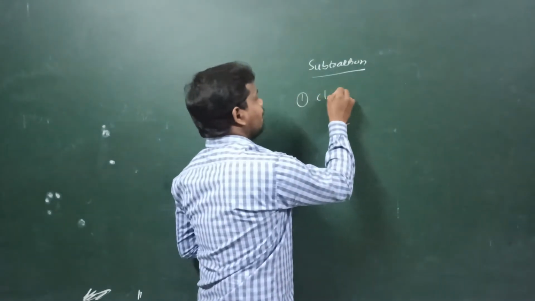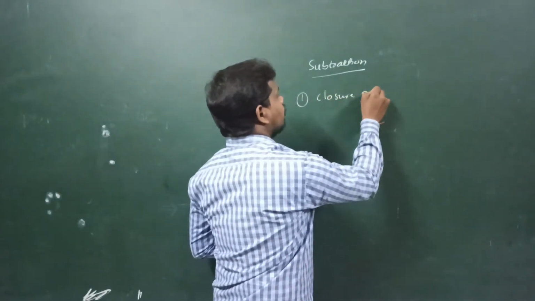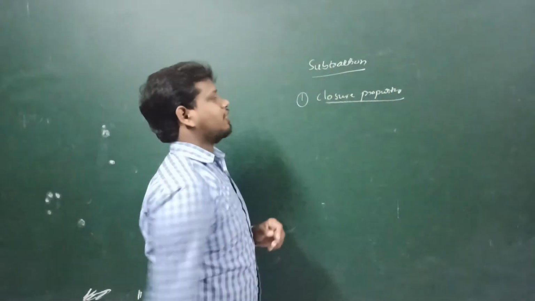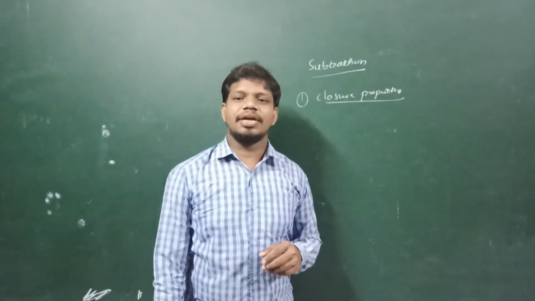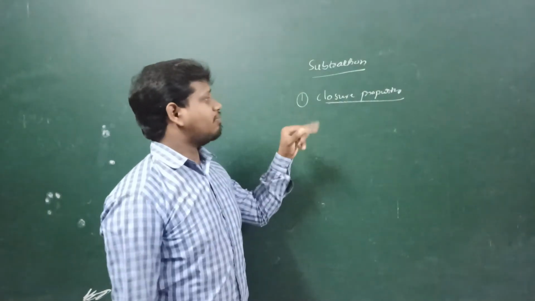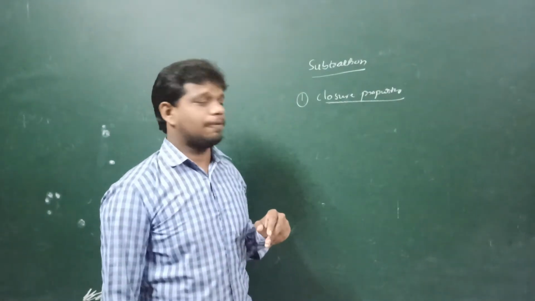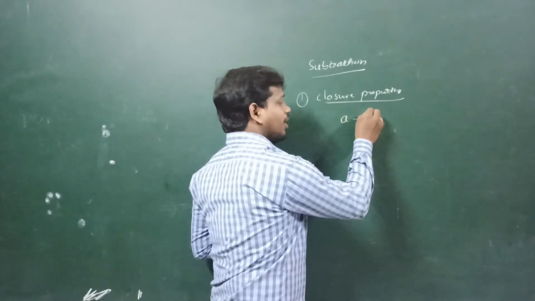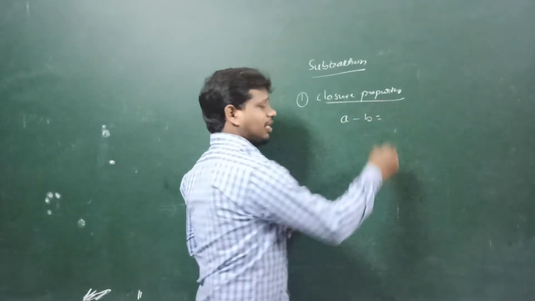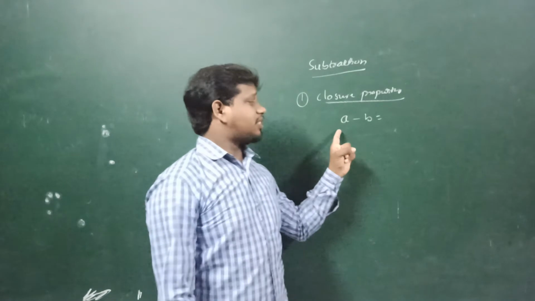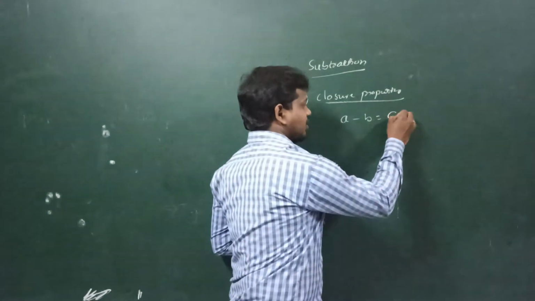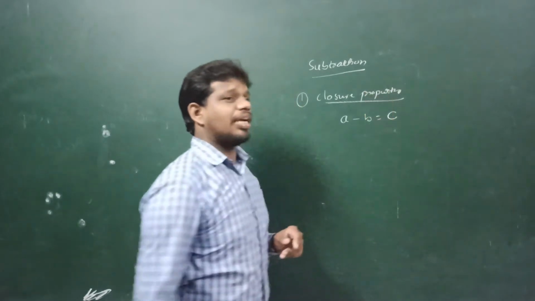closure property under subtraction. So what is meant by closure property under subtraction? For example, if a, b are two rational numbers and the subtraction of a and b equals c, also a rational number.